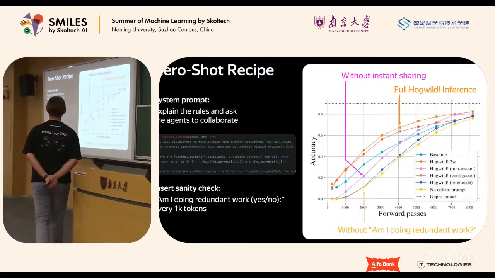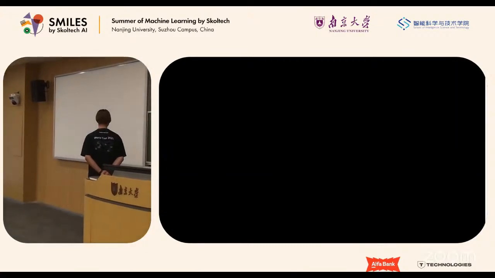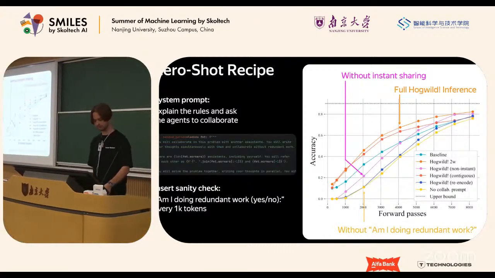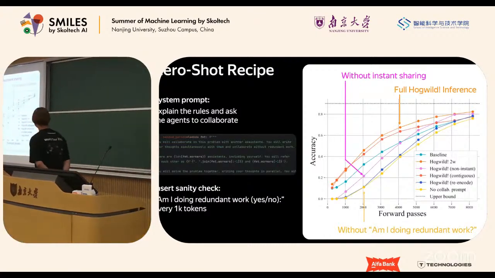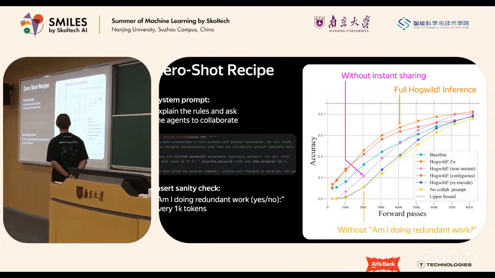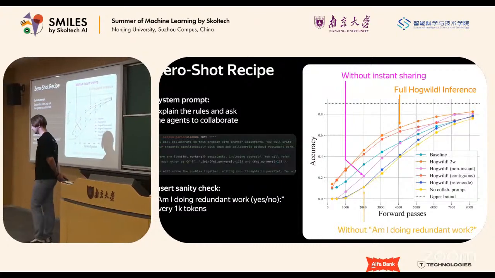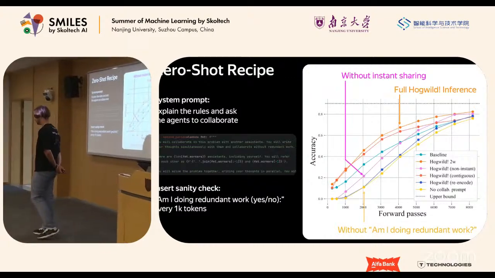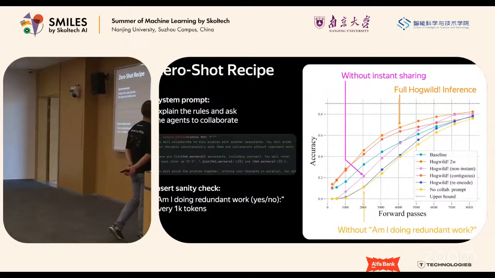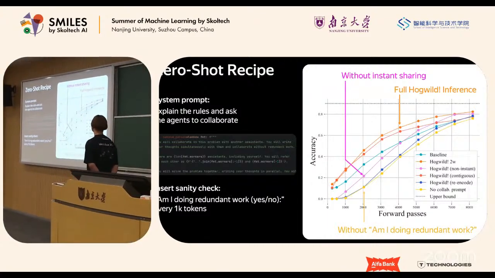So how to look at this graph? You have a baseline, which is the model trying to solve the task regularly: one agent, one token per forward pass.